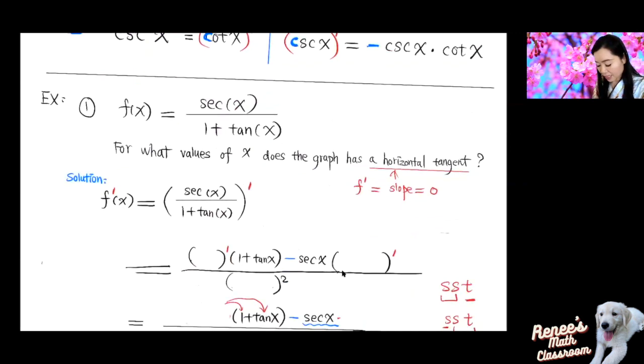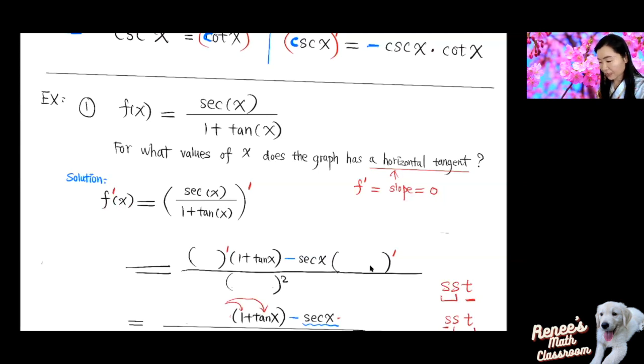All right, now let's solve this problem over here. We're given this function. For what values of x does the graph have a horizontal tangent? What does it mean that it has a horizontal tangent? It means the slope of the tangent will be equal to 0, which means the first derivative will be equal to 0 there.